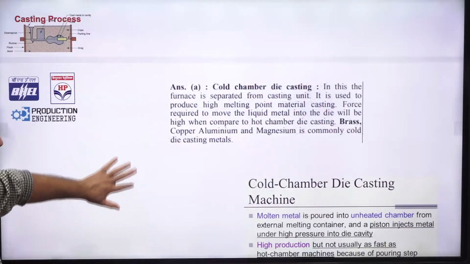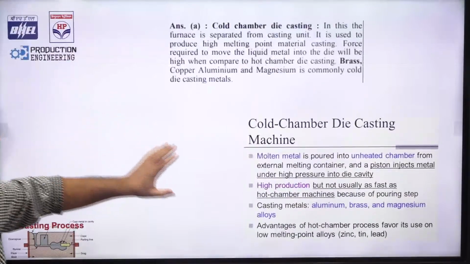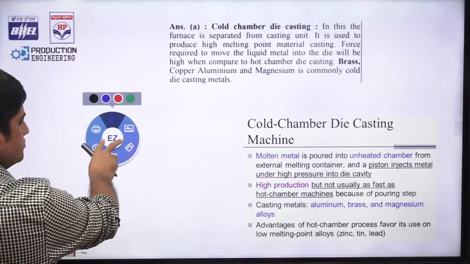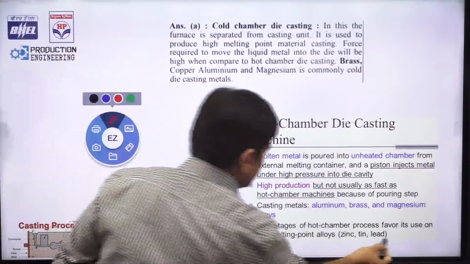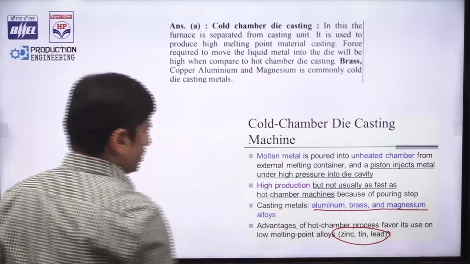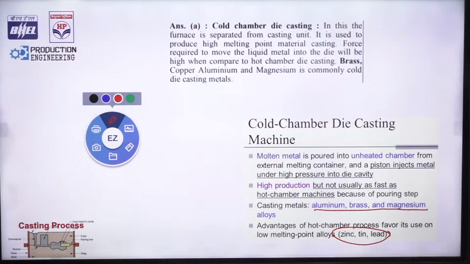So zinc, tin, lead are in hot chamber, and aluminum, brass, magnesium are in the cold chamber. Important information.